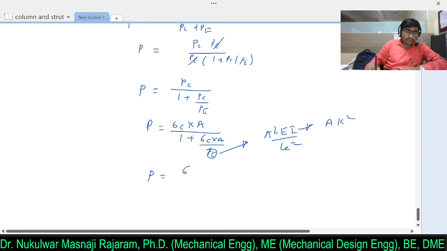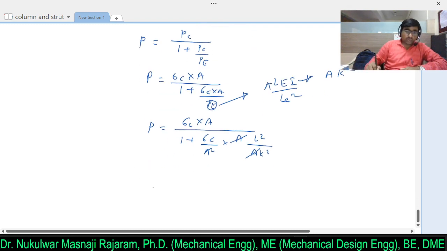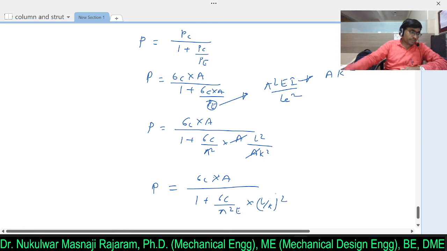So I will write sigma c into A divided by 1 plus sigma c divided by pi square into A into L square divided by A k square. Simple. Now this A will get cancelled. So the crippling load is sigma c into A divided by 1 plus sigma c divided by pi square E into L by k whole square.